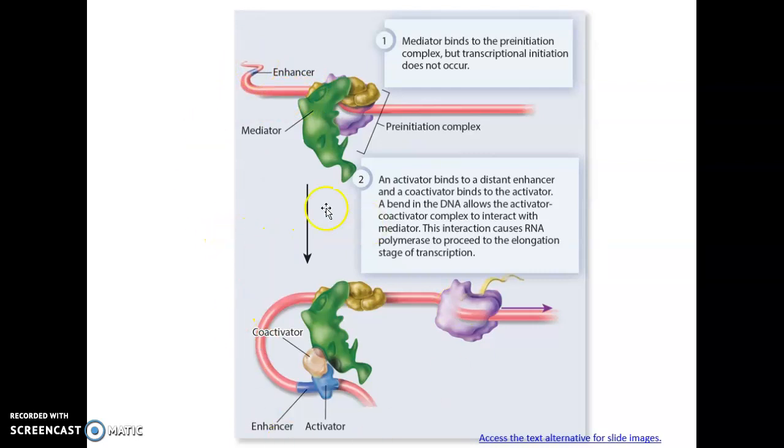And what this shows us is that even though it's 1,000 base pairs away, when an activator sits on that switch, on that enhancer, it can interact with the general transcription factors through the use of this mediator in green. And so you can see a bend in the DNA where the activator, the mediator, and the general transcription factors come together in close proximity.